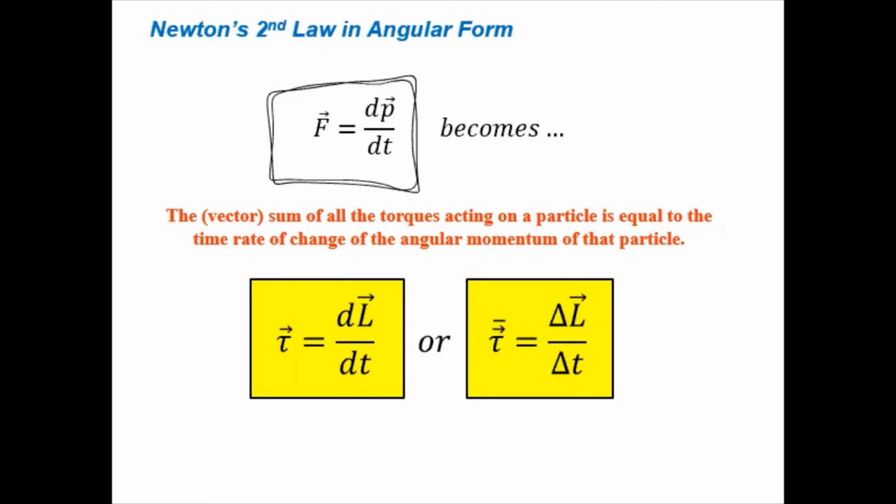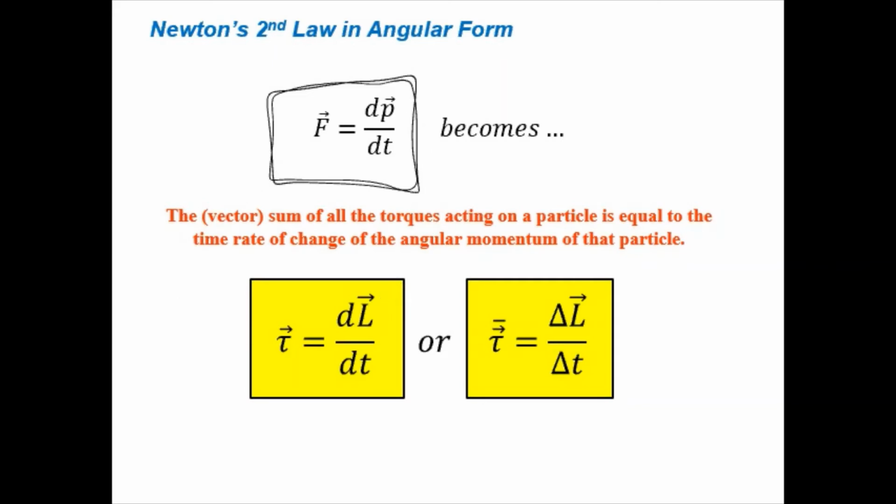We've talked about that numerous times, in relationship to rocket motion, and in terms of a derivation of F equals ma if you have a constant mass, and so forth. If we strictly follow our rules here, in place of F we would put a torque, and in place of momentum we now put an angular momentum. And so our equation for Newton's second law in angular form can be written as torque equals dl dt.